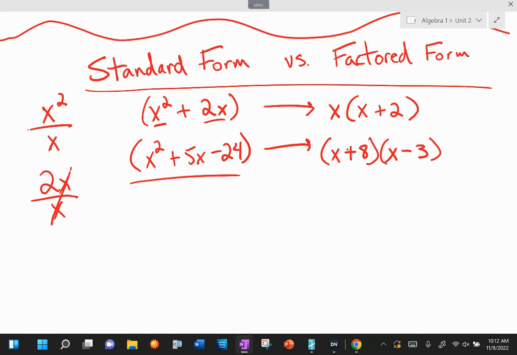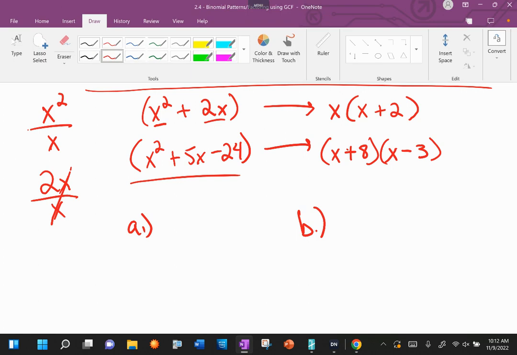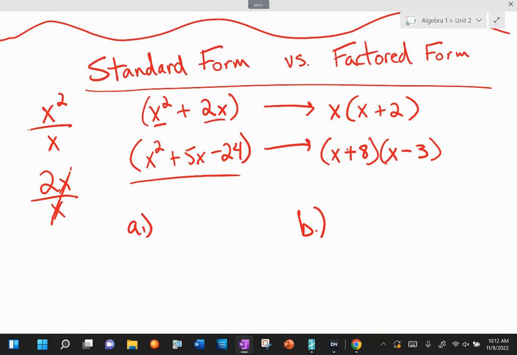So, let's do a practice. I would like for you to try factoring both of these. Let's say we have x squared plus 3x.